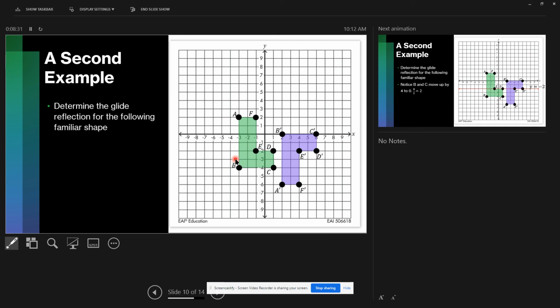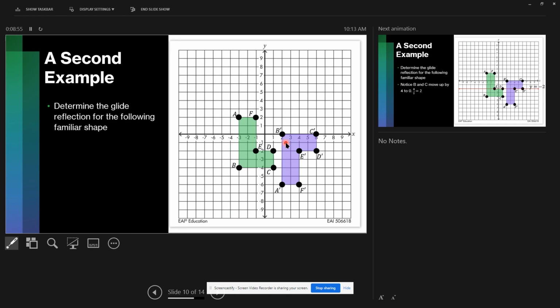So, a second example. What we have here is, determine the glide reflection for the following image. It looks like a Tetris block on purpose. So we have to find how we got here. We always want to try to start with something we can see, for instance, C and C prime.